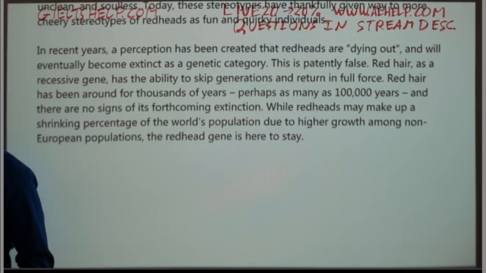Red hair has been around for thousands of years, perhaps as many as 100,000 years, and there are no signs of its forthcoming extinction. While redheads may make up a shrinking percentage of the world's population due to higher growth among non-European populations, the redhead gene is here to stay.